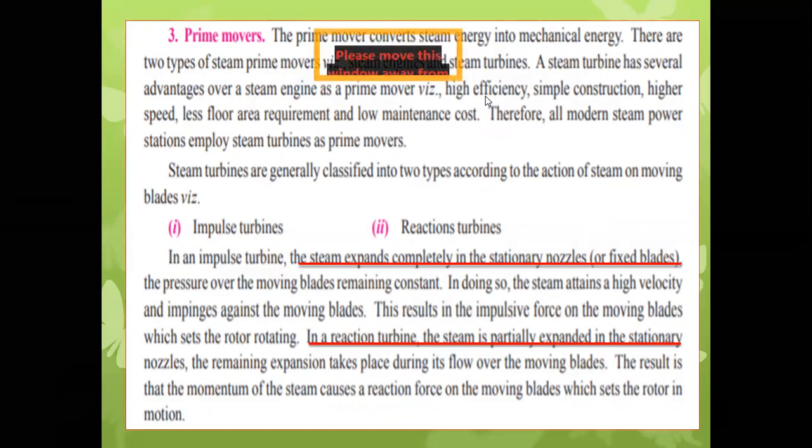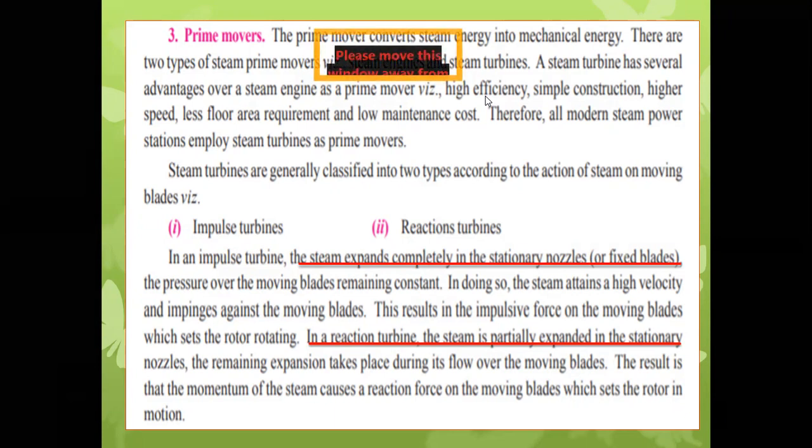High efficiency, simple construction, higher speed, less floor area requirement and low maintenance cost. We are going to give the higher priority to the steam turbine instead of the steam engine because the steam turbine possesses high efficiency as well as simple construction, and it will give a higher speed, and it will also require a small floor area.